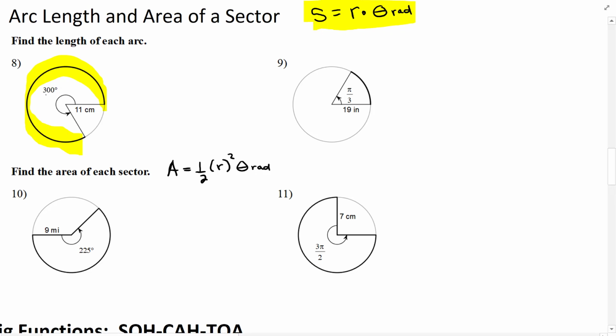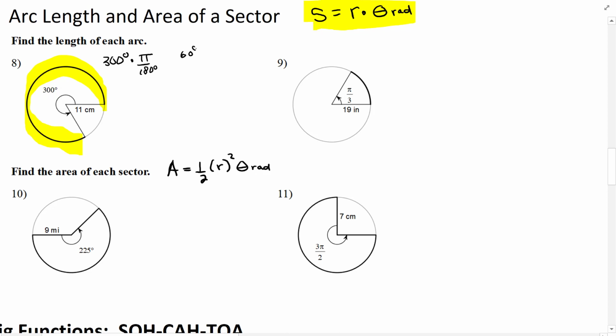So before we can continue, we have to convert 300 degrees to radians, which is what we did just a little bit ago in the last video. So you can go ahead and use your calculator to do that, or you can just break it down. So let me think about this. 60 goes into both of those.